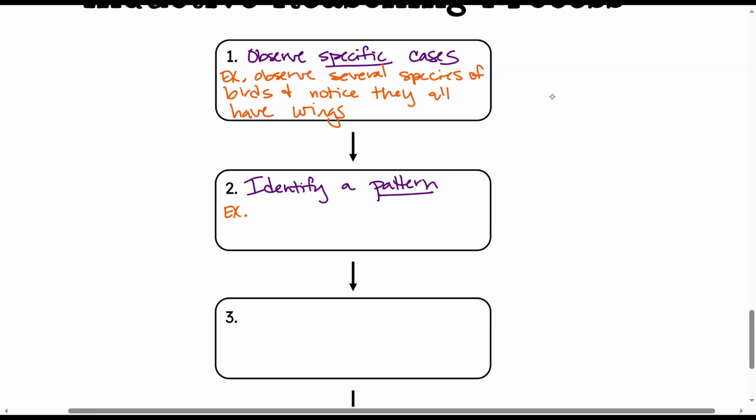All the species of birds that we see all have wings, and the birds with wings can fly. That's the pattern that we notice.